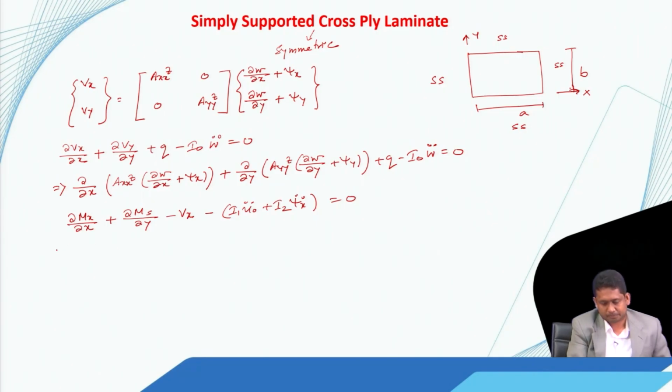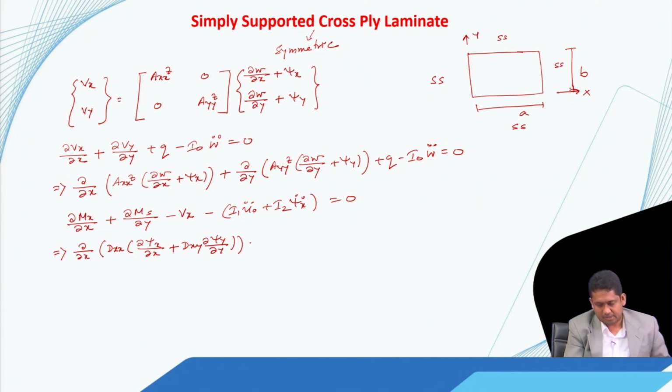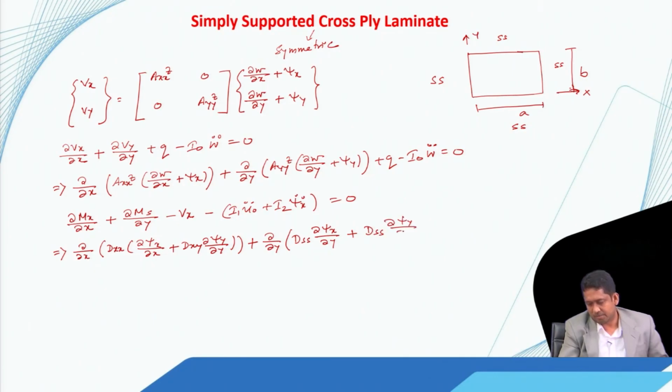That equation becomes del by del x of Dxx into del psi x by del x plus Dxy into del psi y by del y, and then we have del by del y of Dss into del psi x by del y plus Dss of del psi y by del x.